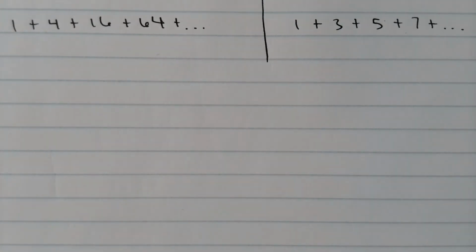There's no number after here. But there are two types of series that we refer to in math. There's one called the arithmetic series, which means there is a common difference between terms, meaning they would go up or down by a specific value, whether it's by addition or by subtraction, to get from one term to the next.